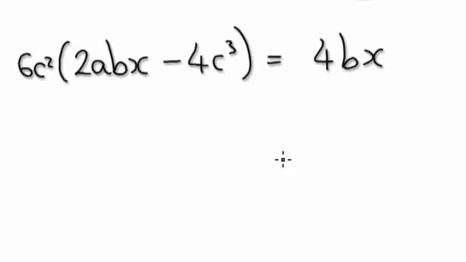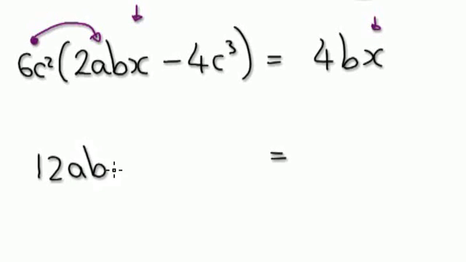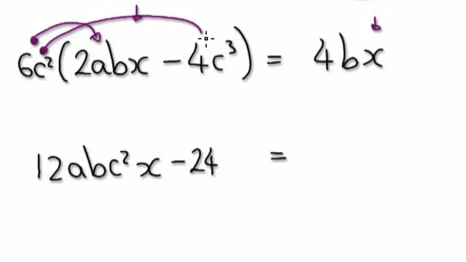Okay, and now let's keep an eye on x. X is here and here. Let's multiply this out. This times this would be 12. Let's try and keep everything in alphabetical order. So 12abc squared x minus 24. Now you've got c: you've got this times this.